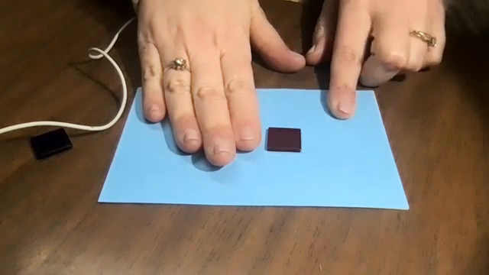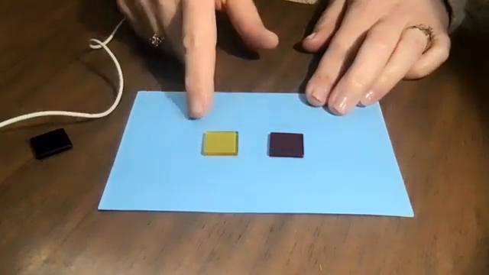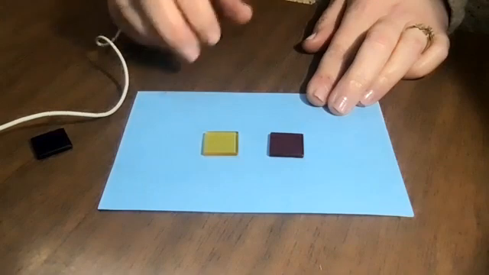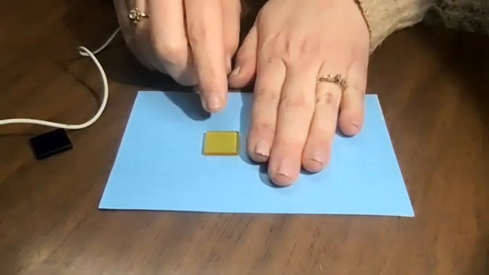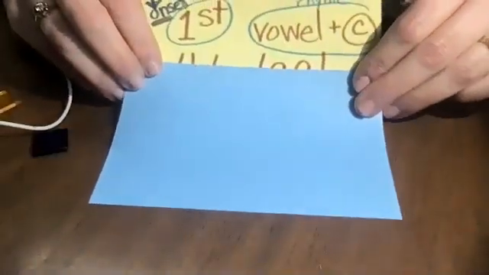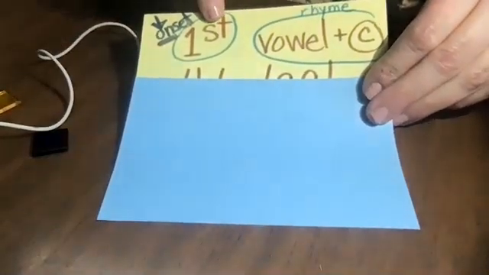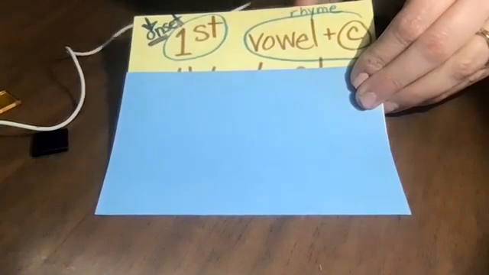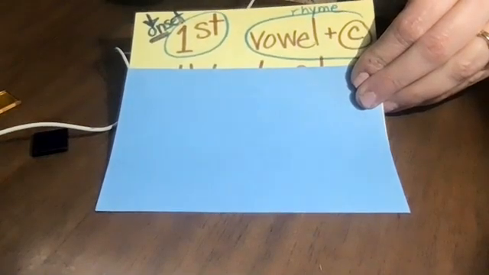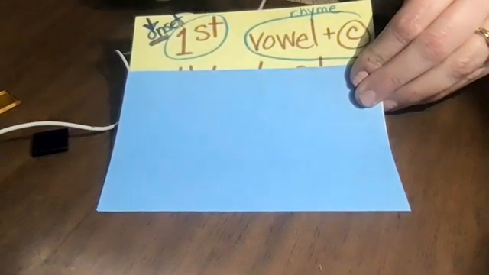That's your rhyme, by the way. Or say hat, at. Now say hat, but don't say at. That's the onset, which means that the onset in rhyme, it's the first sound. And then the rhyme part is the vowel and any consonants that come after it. We call that onset and rhyme.